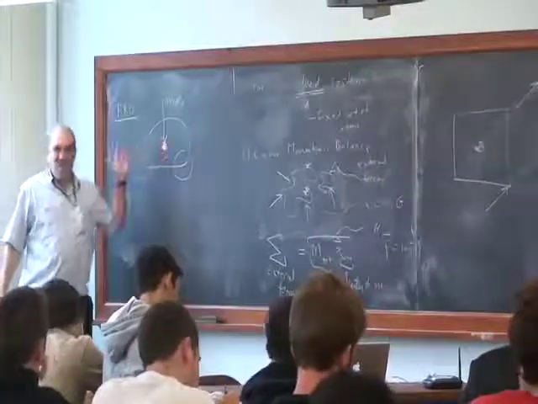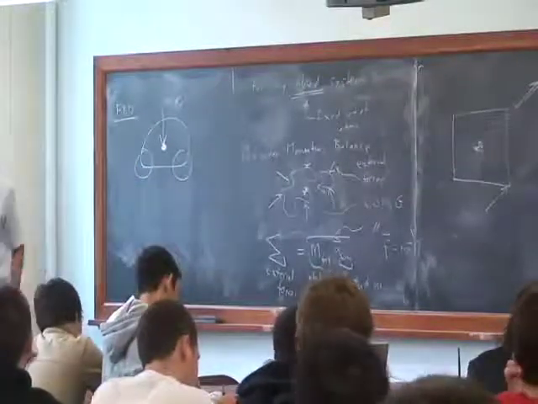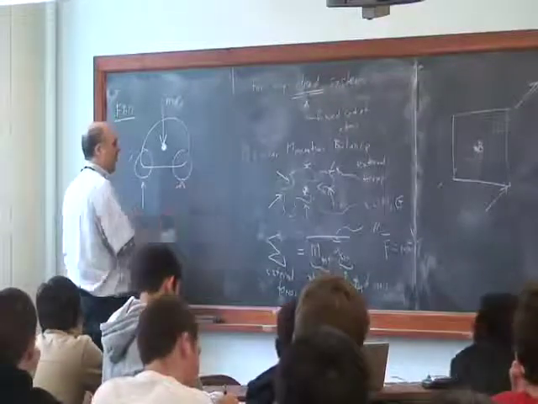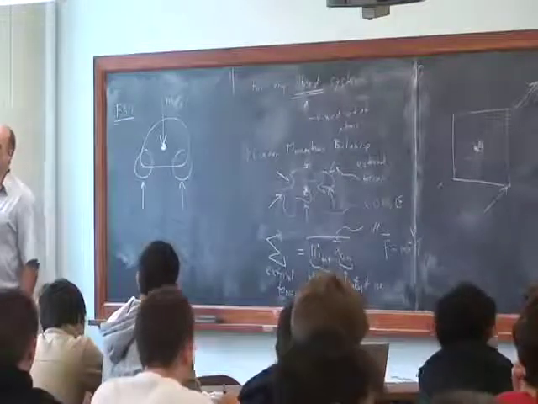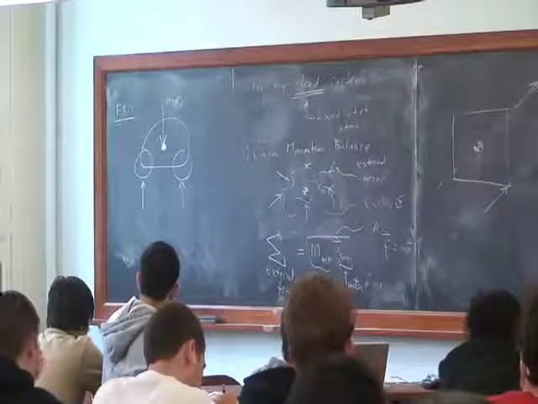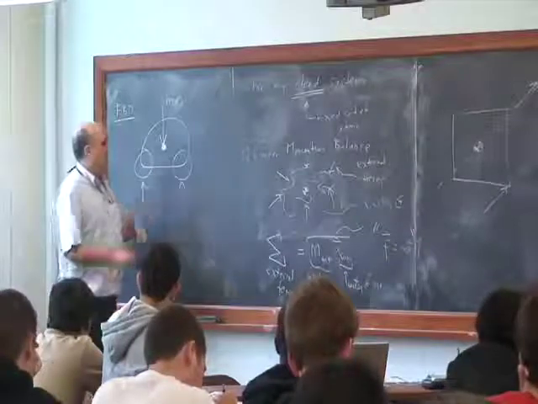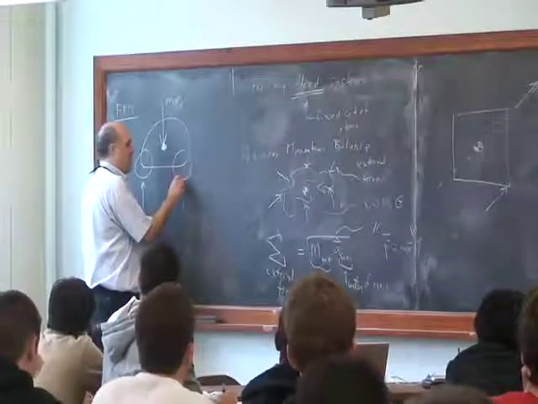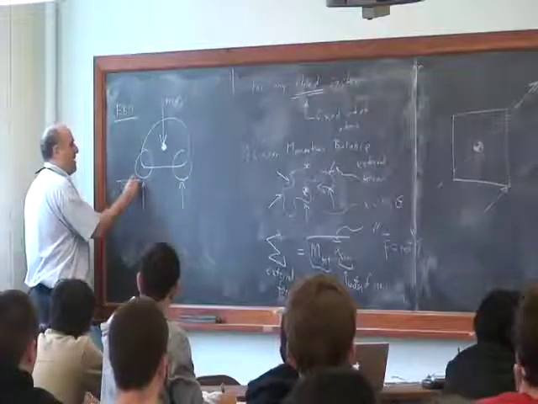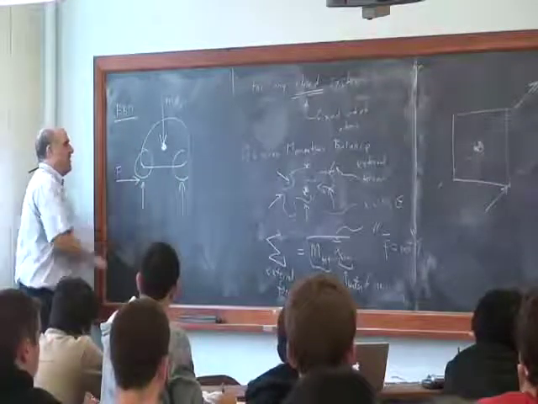Actually, there are forces all over the bike, but they're equivalent to a single force at the center of mass of the whole bike. There's some force here, there's some force here. If this front wheel is very light, and there's not much friction on the bearings, I can neglect the sideways force at the front wheel, or say it's approximately 0. And then this force back here is all important.